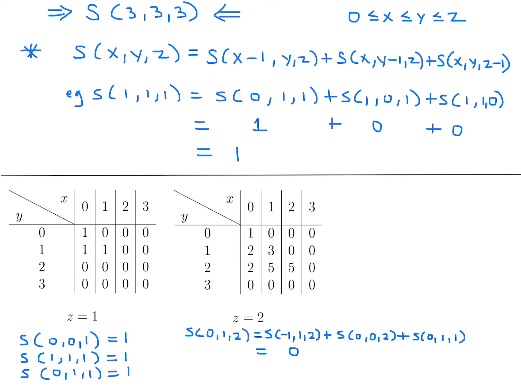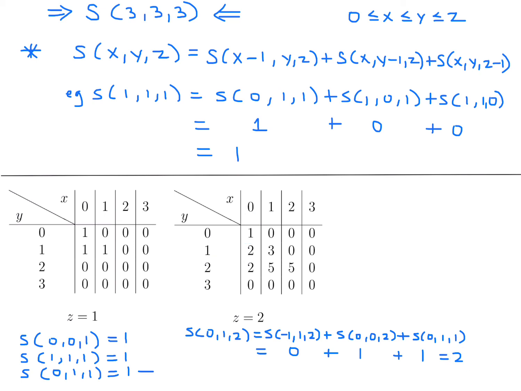And then 0, 0, 2, well, that one is straightforward. It's just z moving 2 spaces, so that's just a 1. And then 0, 1, 1, well, that's right here. So that's 1. So therefore, this is equal to 2. So 0, 1, 2, which would be 0 for x, 1 for y, and 2, that's why it's a 2.